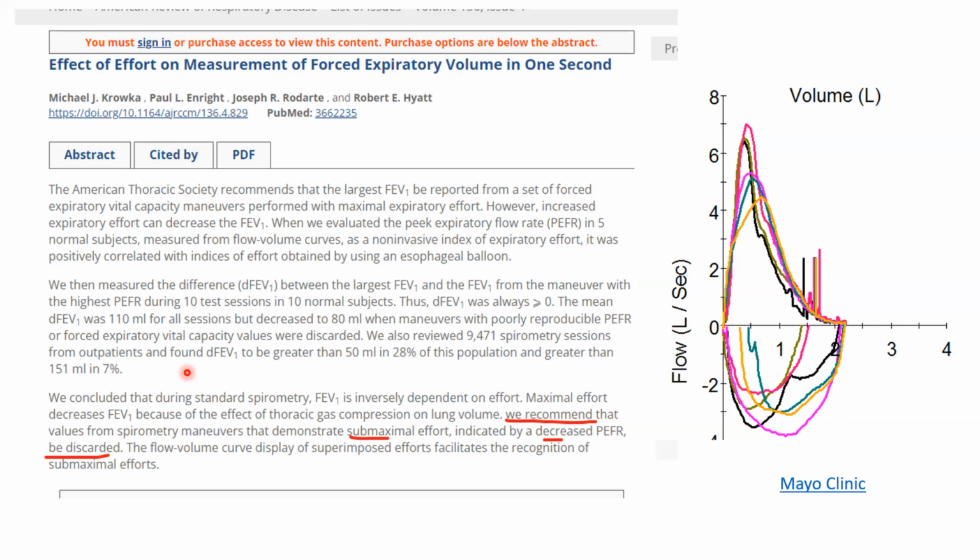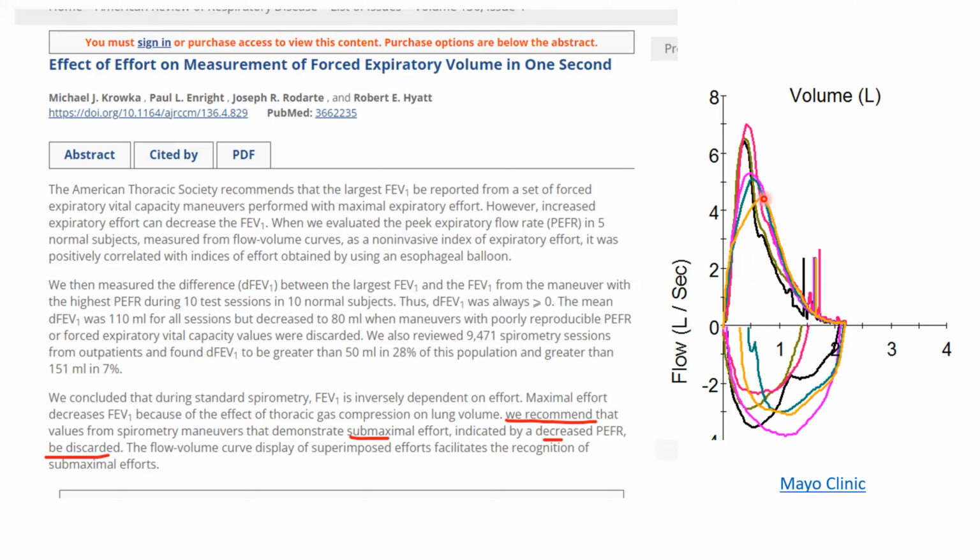Okay, so there's the contradiction there. You want the highest FEV1, and if you force it, there's an inverse relationship. Okay, so we recommend that those values are discarded, even though very often they have a higher FEV1.